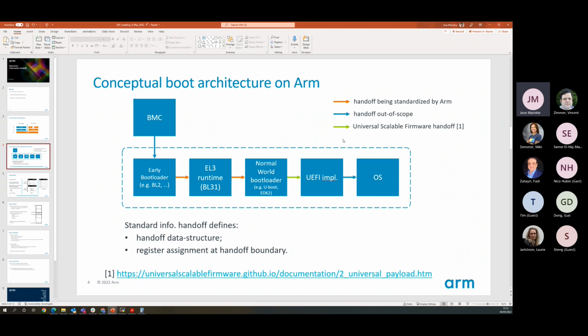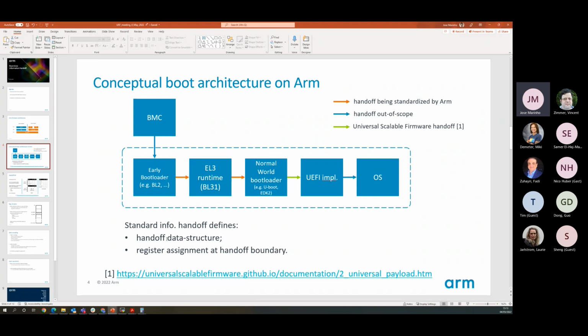payload interface, right? Now the question is whether for the handoffs in the ARM-specific part that plays on in the secure world, we can use something similar to the payload interfaces, and namely whether we can reuse the same data structures and eventually the same register assignments, right?